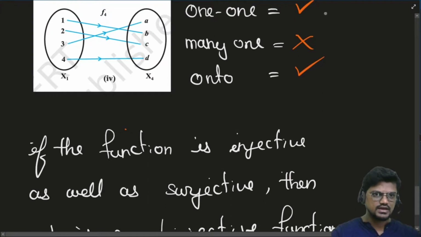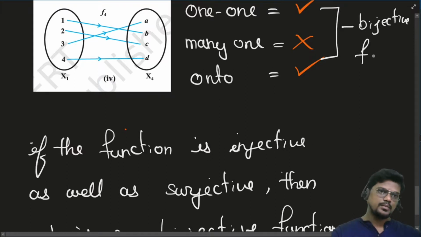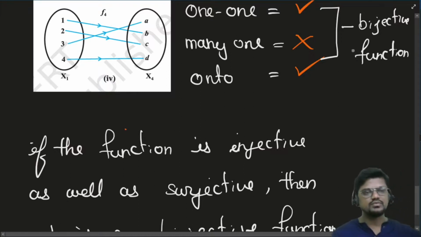That's why we can say it is a bijective function. When the function is one one as well as onto, at that time we can say that the given function is bijective function. I hope this is clear.